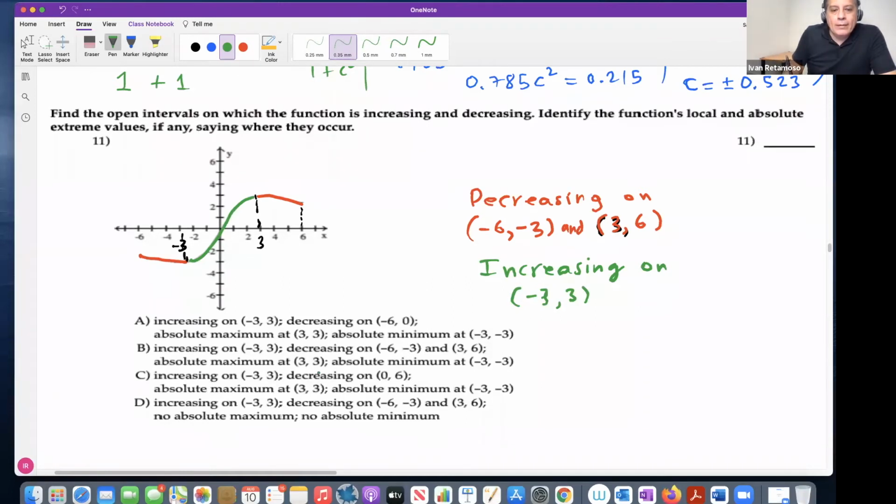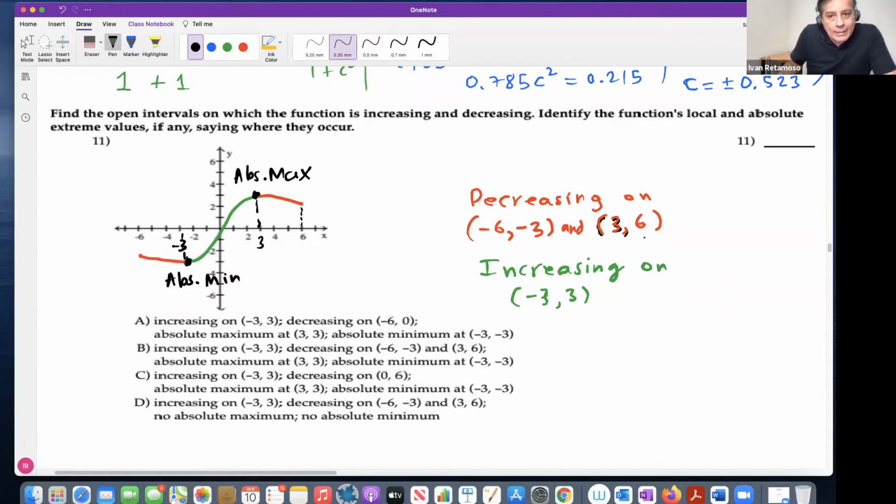We figured out where the function is increasing, where the function is decreasing. But now we have to indicate where is the absolute minimum, where is the absolute maximum. Remember, this is the lowest output value. We call this absolute minimum, right? And this is the highest output value, right? We call this absolute max, right?